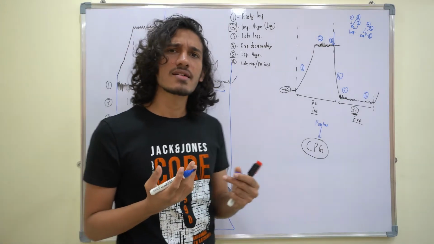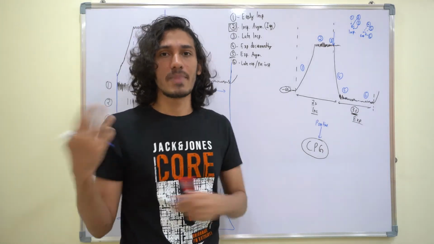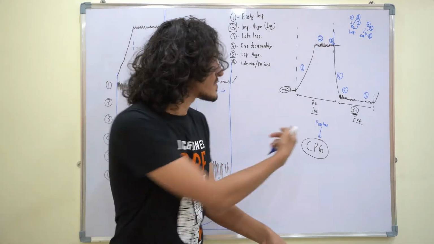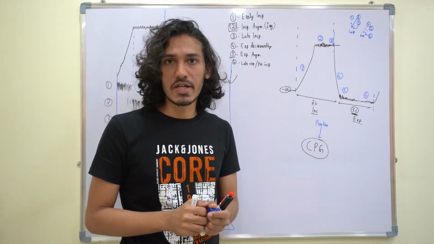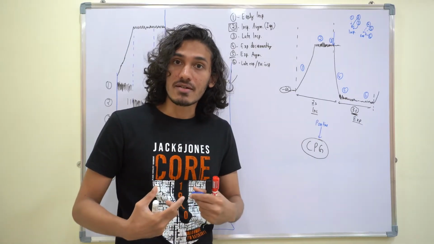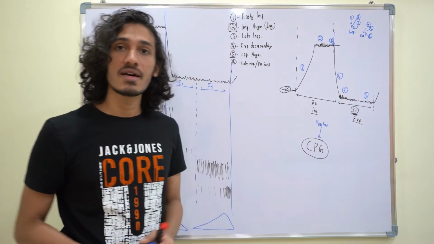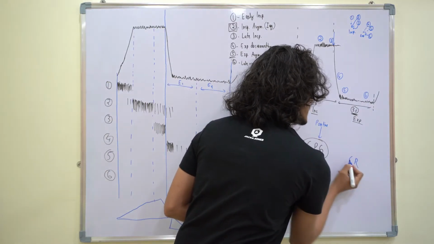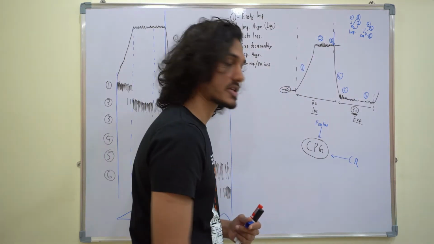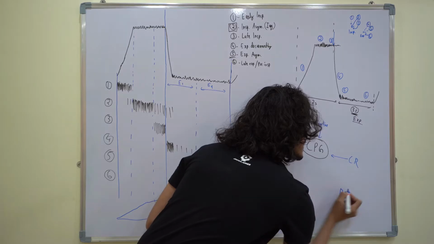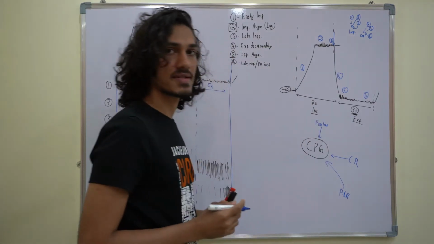Now you know that your chemoreceptors, peripheral chemoreceptors as well as central chemoreceptors, affect the rate of respiration. So they affect the rate and depth of respiration, and that is through activation of the central pattern generators. So we have the central chemoreceptors which control these respiratory neurons. We have the peripheral chemoreceptors which again control this.